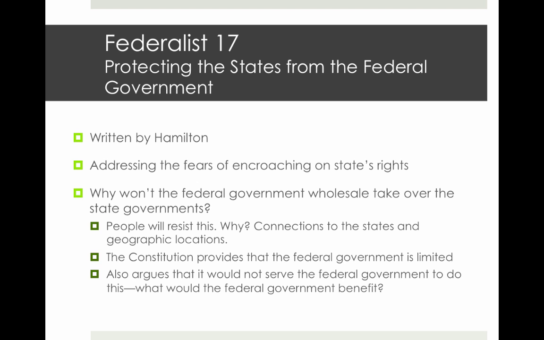And so Hamilton is laying out an argument that not only does it not benefit the federal government to try and encroach on states' rights, but that it simply could not happen. Now, this probably doesn't sound that convincing to those of us living in modern times, and rightfully so, because of everything the federal government has done since this was written that was not really contemplated.